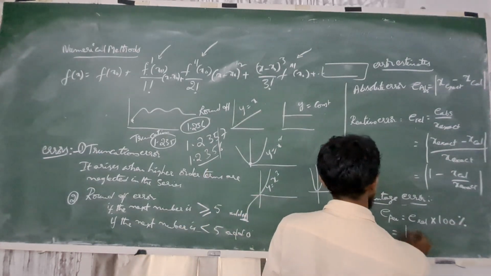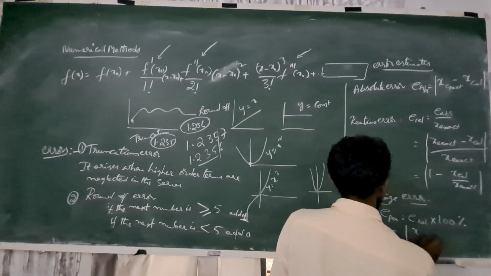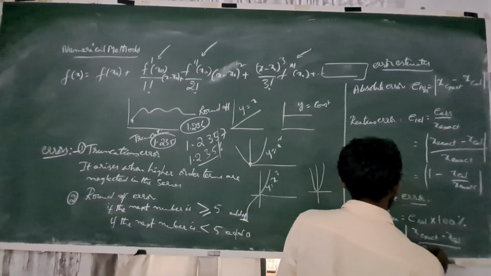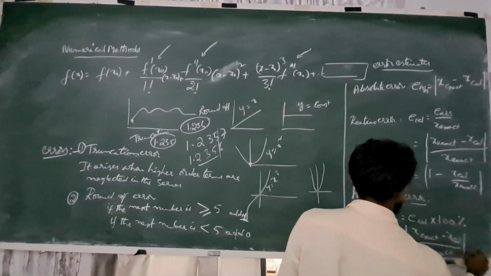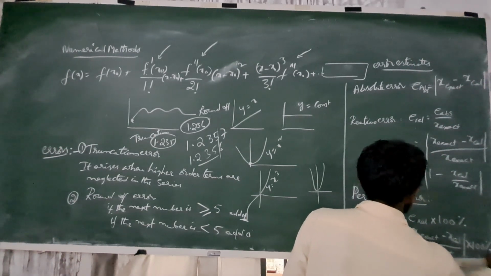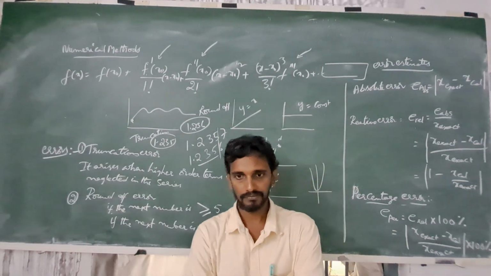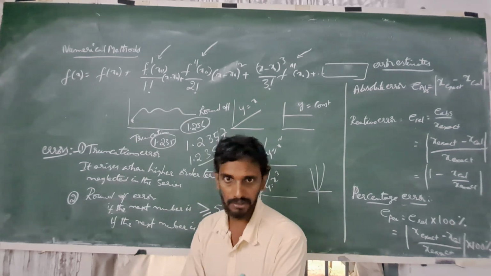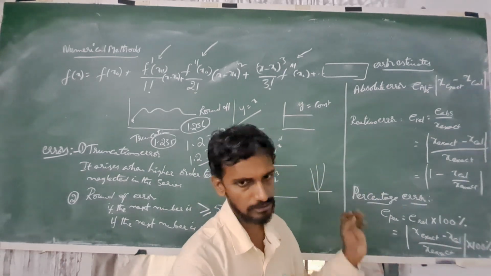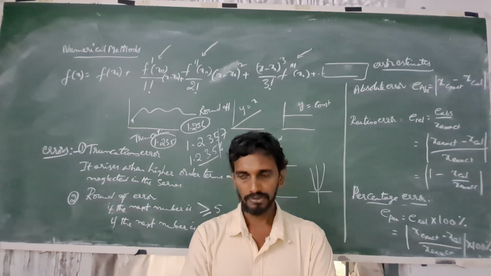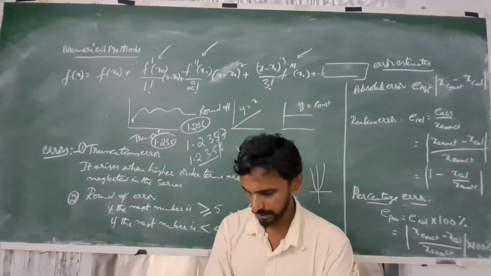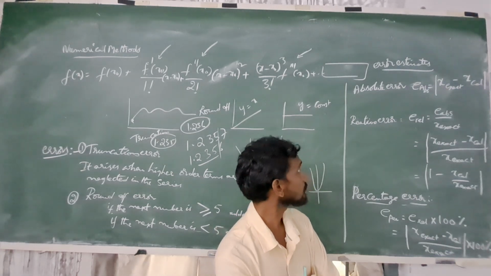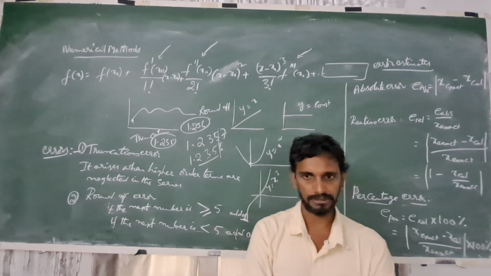So it is obtained by x exact minus x calculated by x exact, multiplied by 100. So these are the three types of error estimations we use in numerical methods: absolute error, relative error, and percentage error.